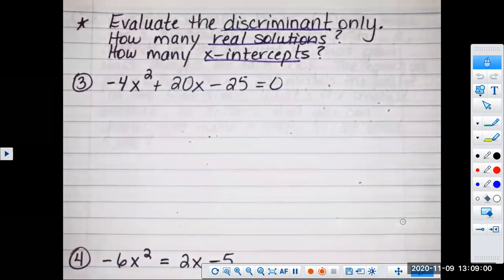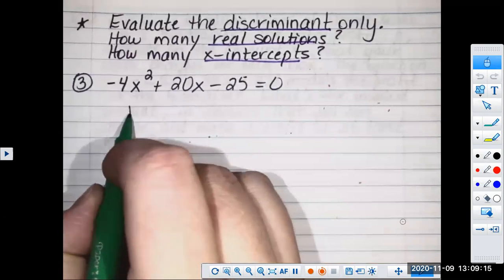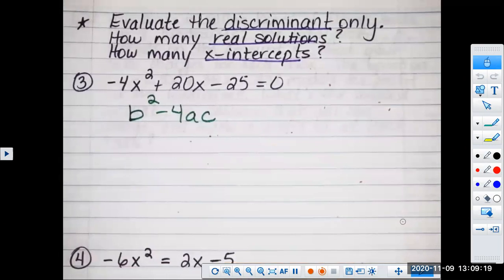Okay, what's the formula? What's the discriminant part of the quadratic formula? B squared minus 4AC. It's just the part that's underneath the radical.